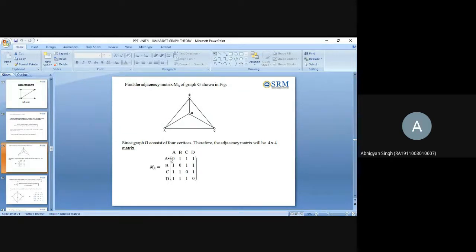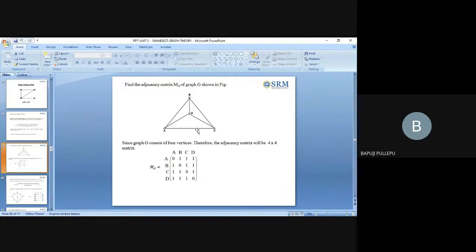See, you can write A, B, C, D. For A to A, 0. For AB, either fill 1 or 0: if an edge is there, write 1; if it is not there, 0. Is AB an edge or not? So AB is equal to 1.